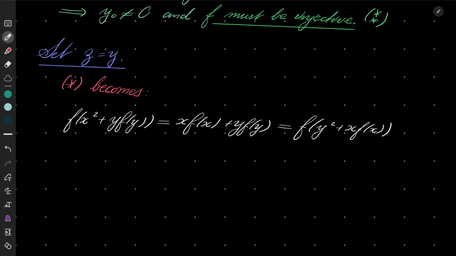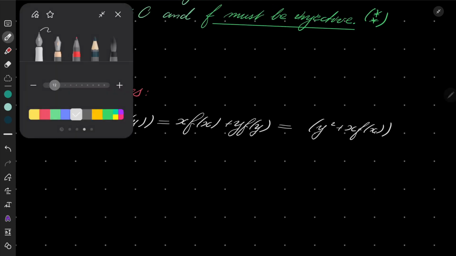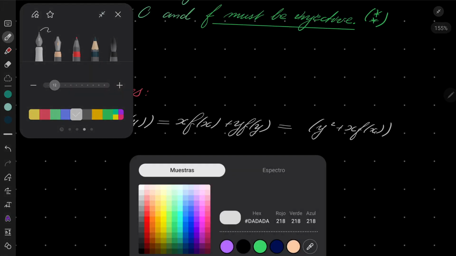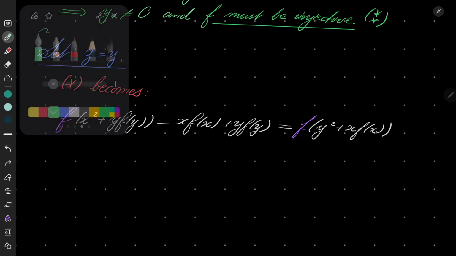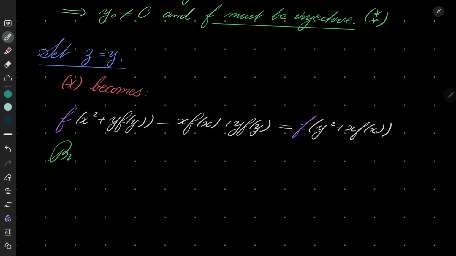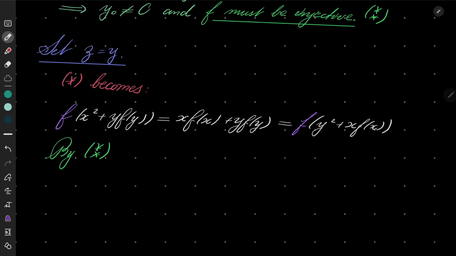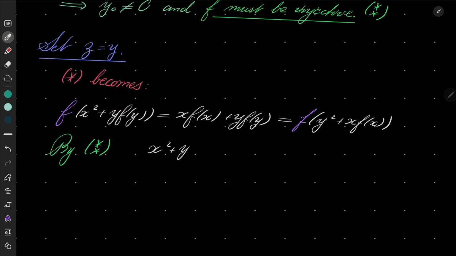That's it. And now I will take these two functions which are here and here written in pink. Now I will use the fact that my function is injective. Since f is injective, by double asterisk, by injectivity, I know that x squared plus y times f of y equals y squared plus x times f of x.